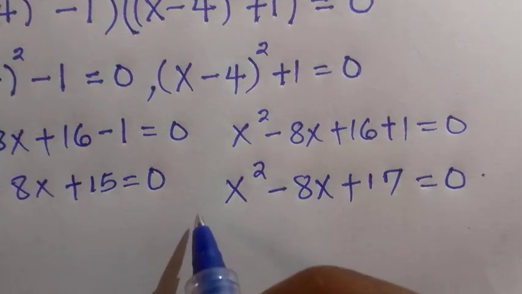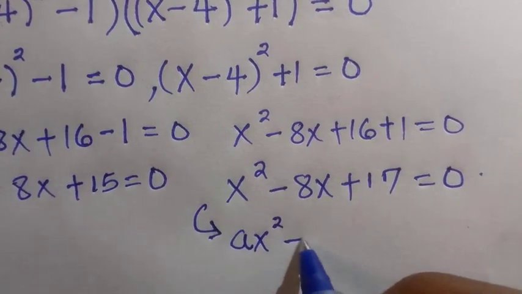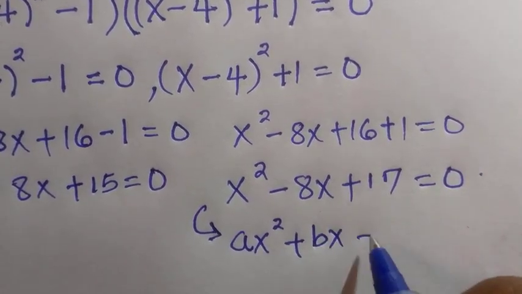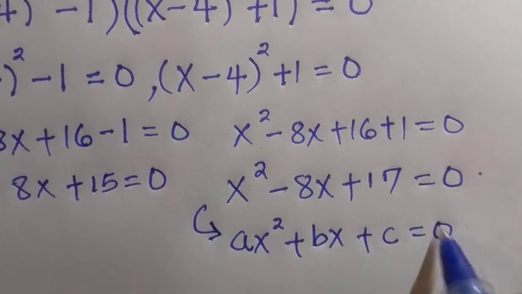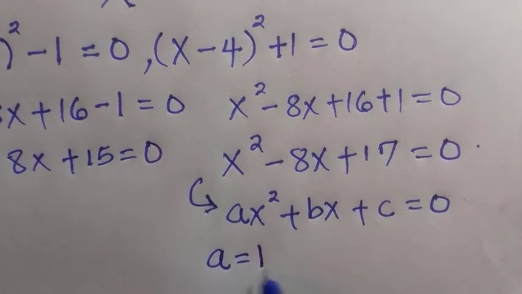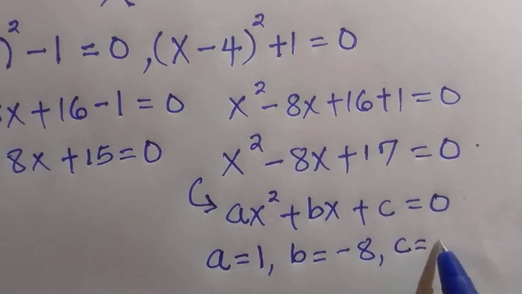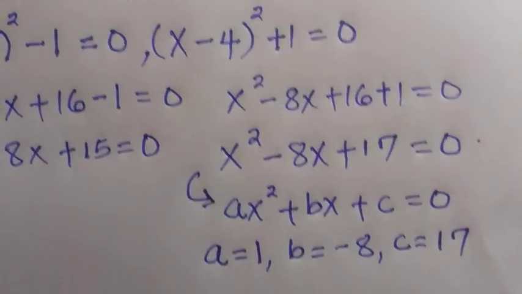We are going to solve this by comparing it with the general quadratic equation ax^2 + bx + c = 0, or we can use any other letters like m, n, and p. So here a = 1, b = −8, and c = 17 when we compare coefficients.